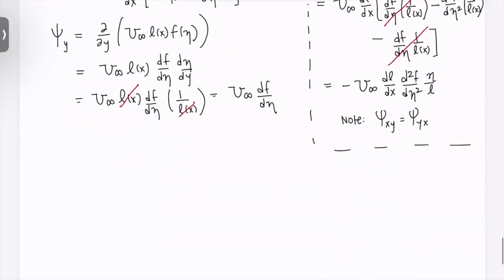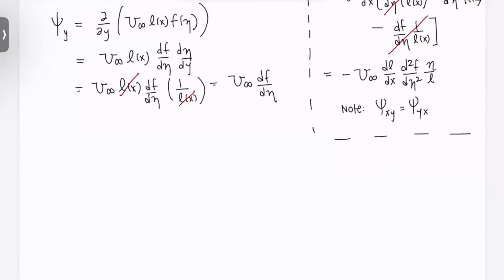Now we need to take some more subsequent derivatives with respect to y. So we need psi yy and then psi yyy. That was 3, right? Yes. Okay. So let's do psi yy first. All right, so I'm going to take the y derivative of our result that we have on the previous line.